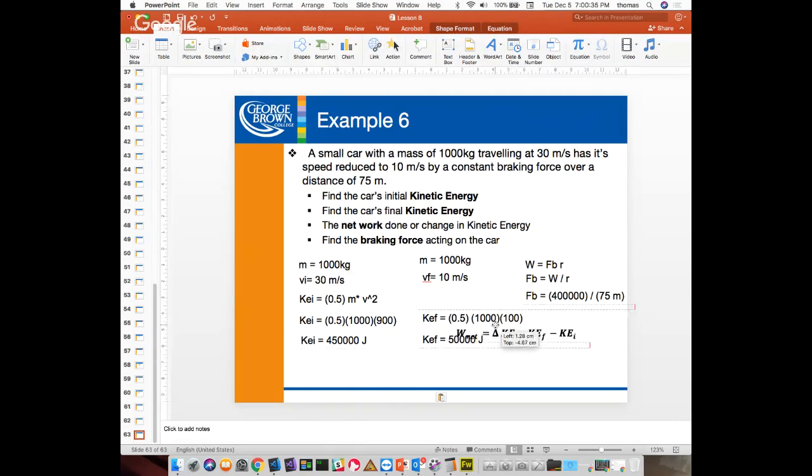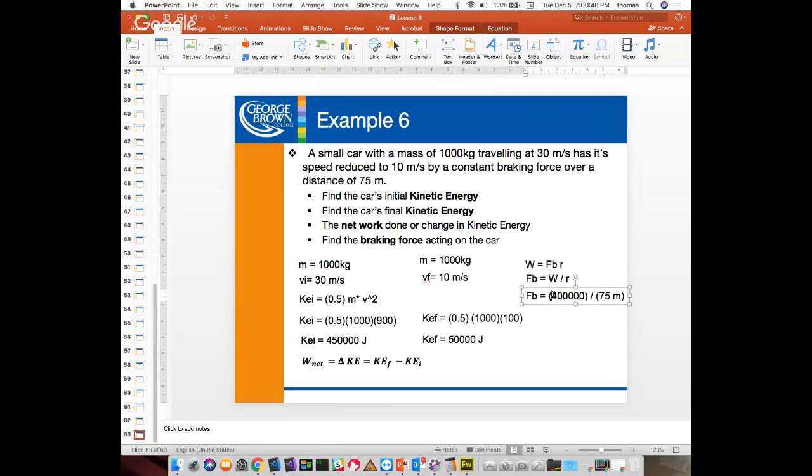We know this is true, and that's how we got this 400,000 value. We took this kinetic energy final, which is this, and then minus this, which is actually a negative value here because of the direction of the braking force. So that is going to equal, again, 450.